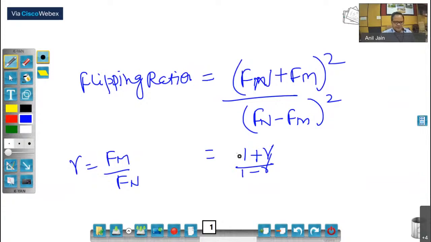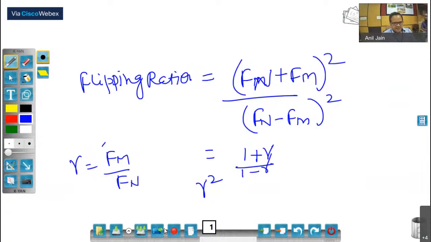Then when you do an unpolarized neutron diffraction experiment, you will try to see this gamma squared. But by doing this polarized neutron scattering experiment, by measuring this flipping ratio for a couple of reflections, you can even find out about this small moment which is present in your sample. So this is one example.